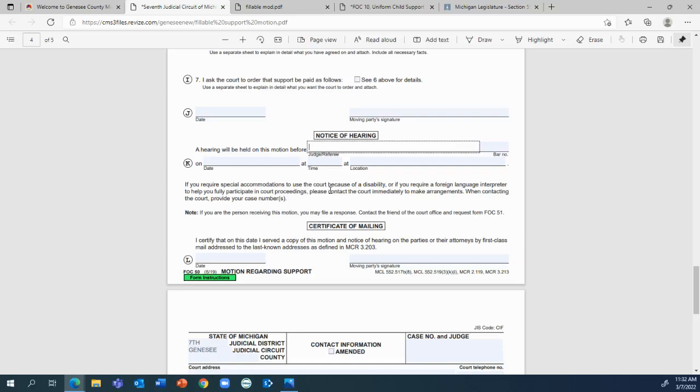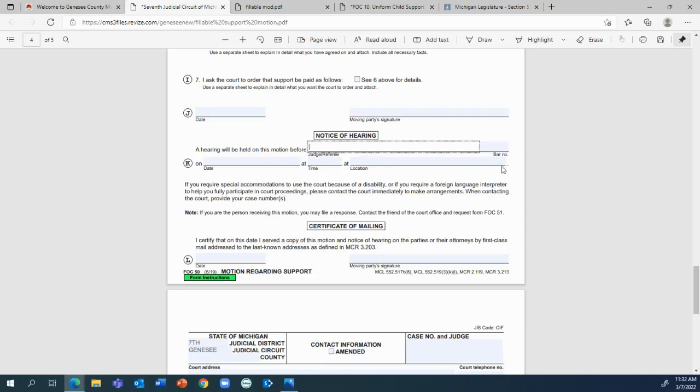Right now, most of these hearings are being held via Zoom, so you're likely to get Zoom written in as your location, and then a separate piece of paper would be provided to you with the Zoom ID for the referee or judge that you're going in front of. You'd be able to call in or use Zoom video more than likely that way.